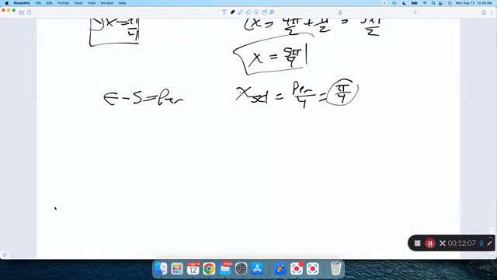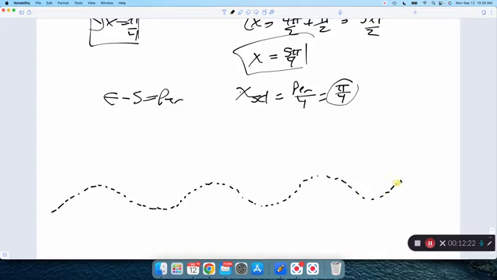Okay, now we draw a nice pretty cosine graph. Now again, I'm going to draw this one dashed because this is really like an auxiliary graph. This is like a part of the work. This is not going to be my final answer. It's not necessary, but I think it's a little cleaner if we draw this dashed.